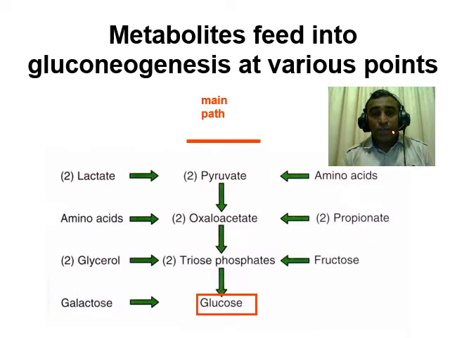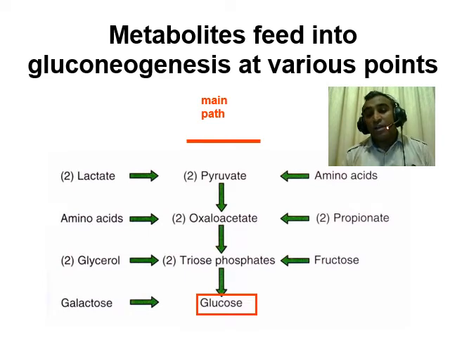So here you have the main path, that is from pyruvate, after a number of steps, finally becoming glucose. It's the reverse of the glycolytic pathway, but because certain steps in the glycolytic pathway are considered irreversible, you need to have new sets of reactions which bypass these irreversible steps.